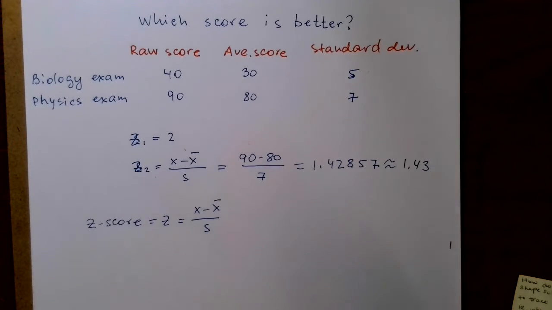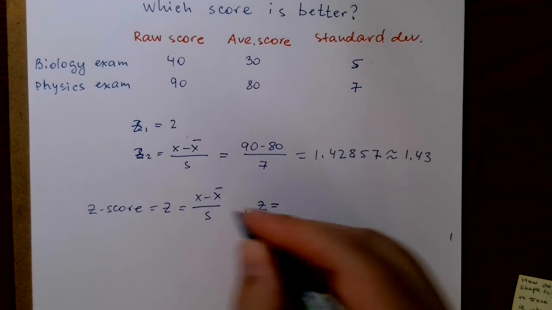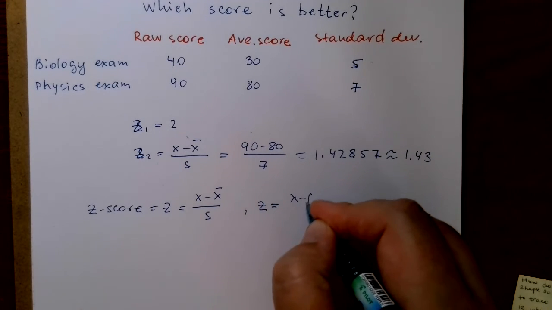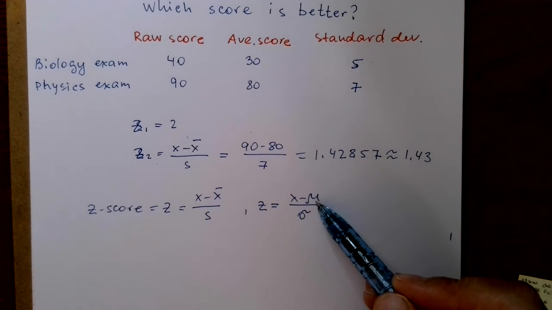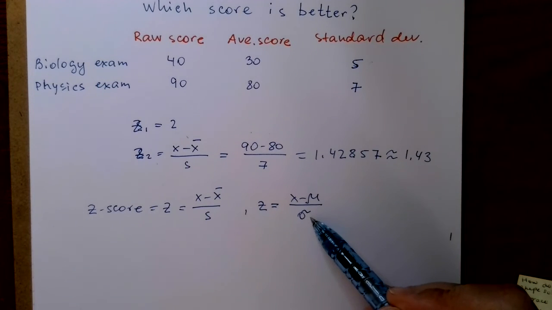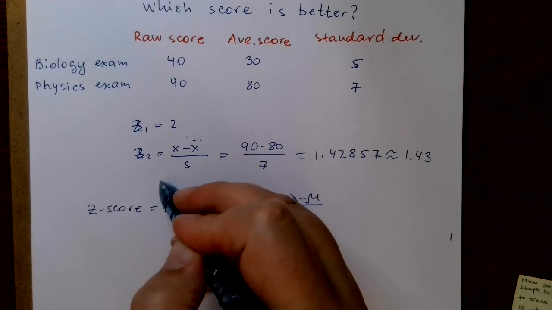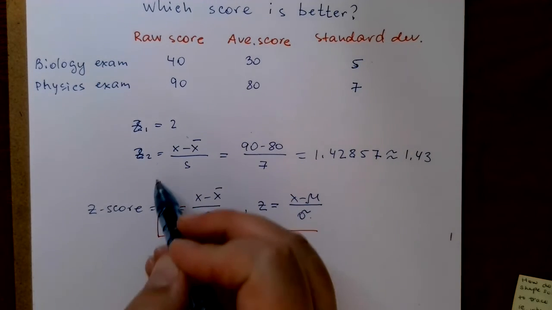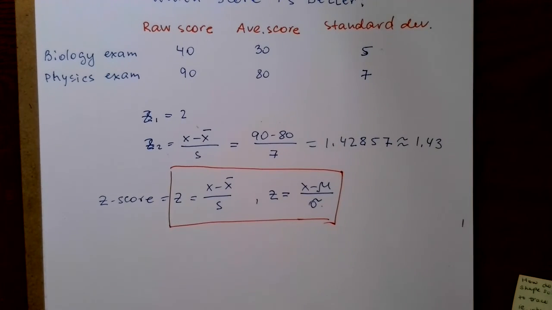So that's for the sample. For the population, the formula is the same. We just use a different notation, right? The mean of the population mu and the standard deviation of the population sigma. Okay, so these are your z-score formulas, and you need to remember them. They're very important. You'll be using them a lot. So that's how we compare apples and oranges.